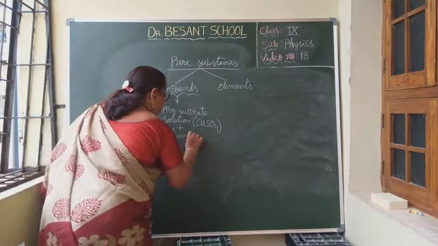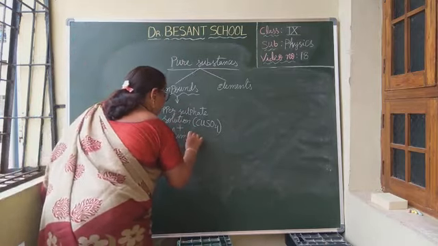Copper sulfate is a compound. From copper sulfate, copper and sulfur got separated after reacting with aluminium. Isn't it? So this separation has taken place after reaction with aluminium. What do we call it? It is called a chemical reaction. So here the separation of the components can take place only by chemical reaction but not by physical methods.